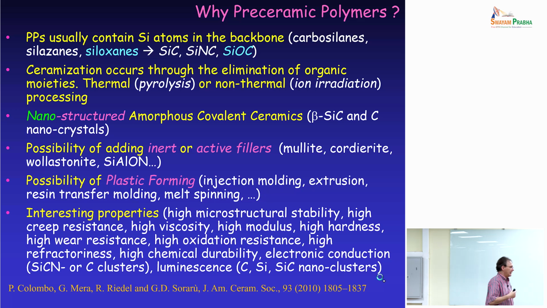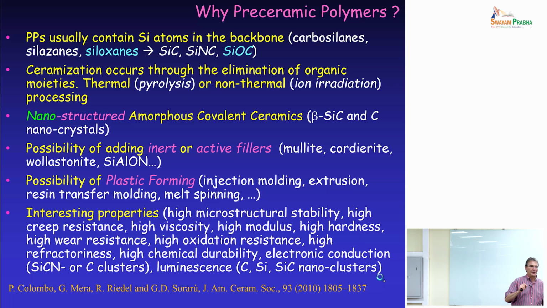There was a paper by Professor Ralf Riedel published in Nature in the early 90s, where he demonstrated that if you have a polymer that contains silicon, carbon, nitrogen, and boron, a so-called polyborosilazane, then after processing through pyrolysis at 1,000 to 1,100 degrees, you obtain a silicon, nitrogen, carbon, boron material, and that is amorphous. And it crystallizes above 2,000 degrees.